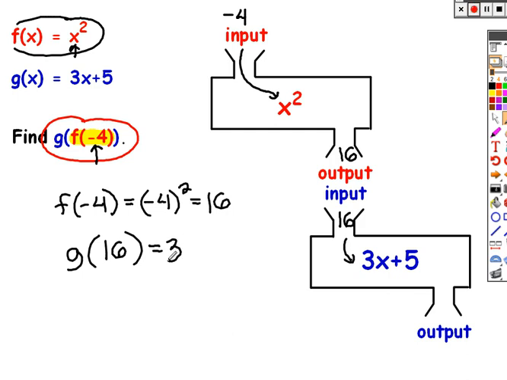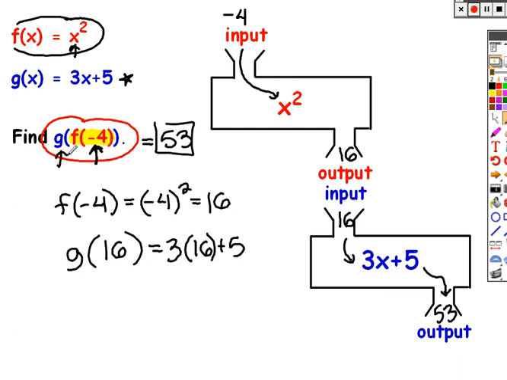Here's my function g, so 3 times 16 plus 5, or 48 plus 5, and I should get out 53. So in the end, g of f of negative 4 is actually 53. First I input negative 4 into function f. Whatever comes out, I input that into function g, and I end up with 53.